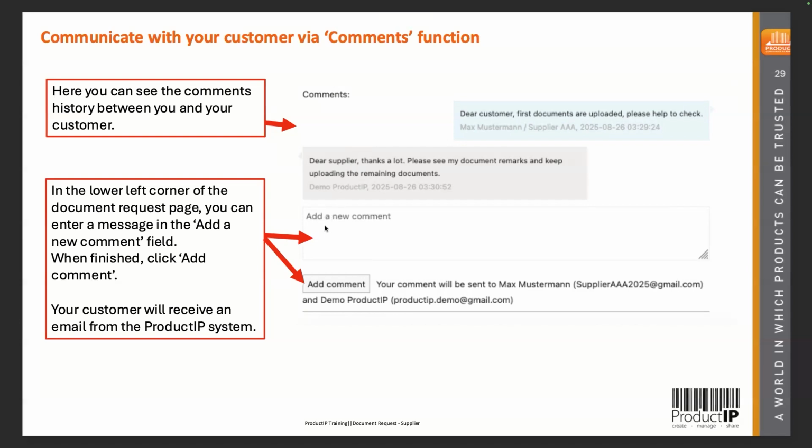You can add a new comment to your customer, and the comment will be sent to them. Your customer will receive an email from our system saying there's a new comment. So you don't need to use emails. You can do it directly from the system, and everything will be logged so you can see the communication history.